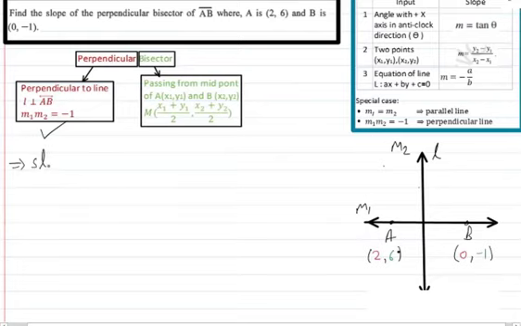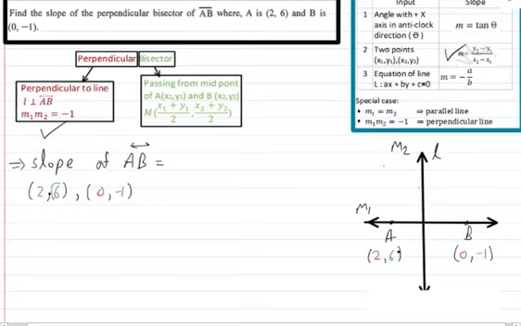So let's find the slope of line AB, and we know that to get this we are going to need the coordinates of A and B, and here we have (2, 6) and (0, -1). Now to get the slope we are going to use difference of y upon difference of x.